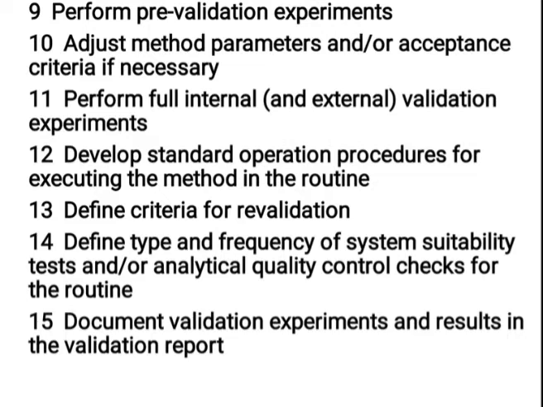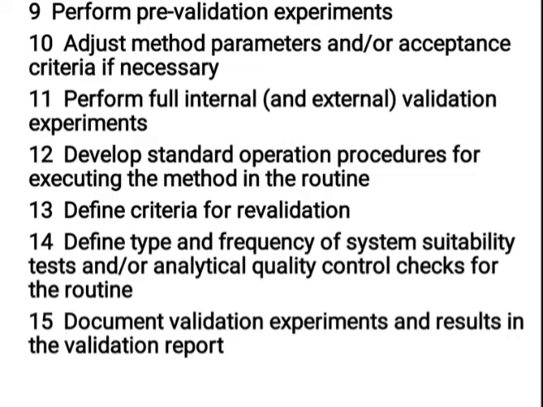Means before validating this experiment, before finalizing this experimental procedure, we have to check whether this procedure is working or not, and then you can say this procedure is working very well. So perform pre-validation of the experiments. The tenth point is adjust method parameters and/or acceptance criteria if necessary.